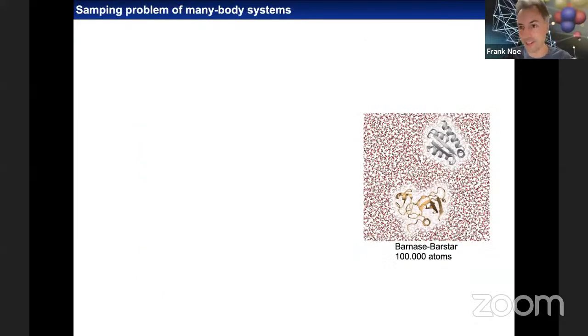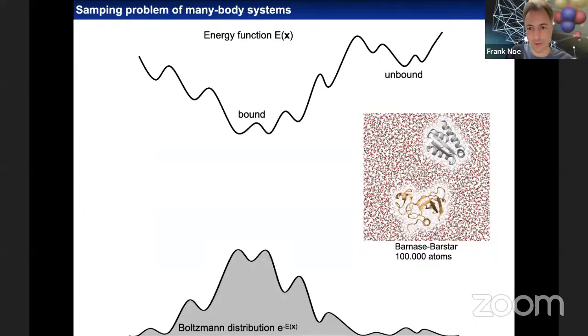So, the sampling problem. Well, this is a rare event conference, so I don't really need to say much about the sampling problem itself. This is just one of my prototypical examples to show how difficult it is. This is barnase and barstar, two very small proteins, and 100,000 particles in this particular simulation box. Let's say we have some energy function, for example an empirical energy function, and at a given choice of thermodynamic variables, we are also given a probability density that we would like to sample from, such as the canonical density.